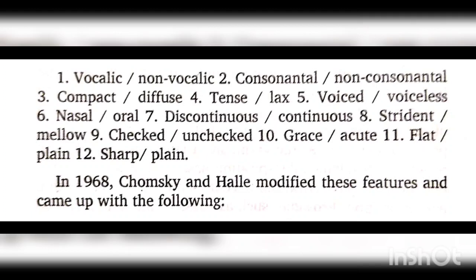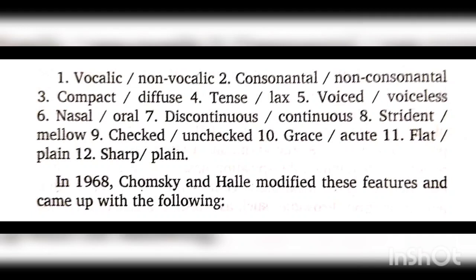Voiced is vibration of the vocal cords, voiceless is no vibration of the vocal cords. Sixth, nasal, oral. Nasal is through the nose, oral is through the mouth, the oral cavity. Seventh, discontinuous or continuous. Eighth, strident or mellow. Strident means loud and harsh. Mellow is pleasant, just the opposite meaning.